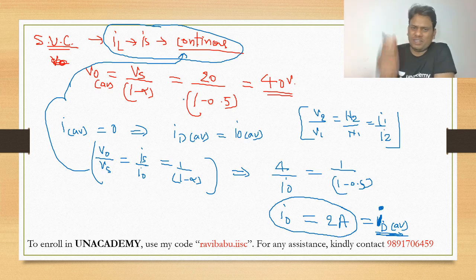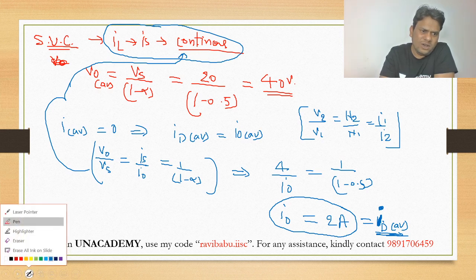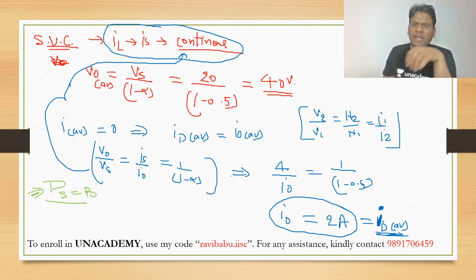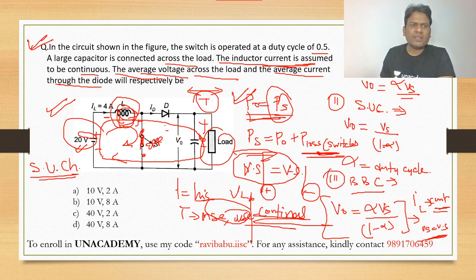Now, as I told you, in any converter the supply power is equal to load power. So if we are writing PS is equal to P naught, what about supply power? What is the supply voltage?